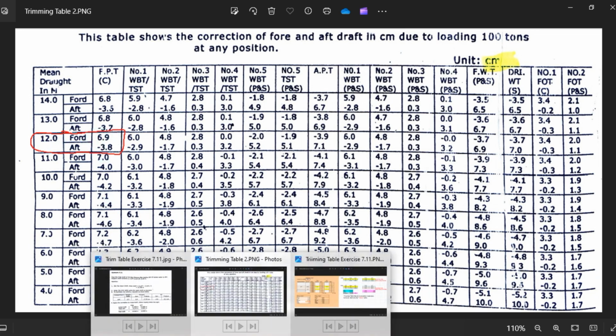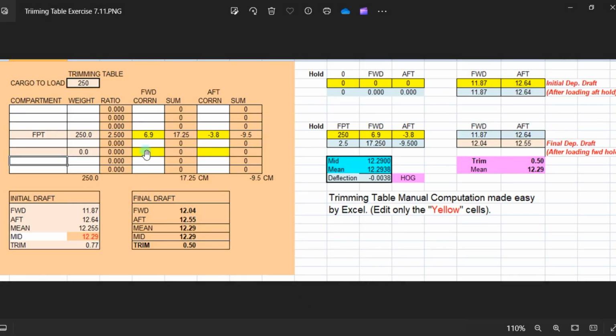Then for your trimming table, 250, you divide this by 100, so the ratio will be 2.5. And 6.9 multiplied by 2.5, you will have a value of 17.25.